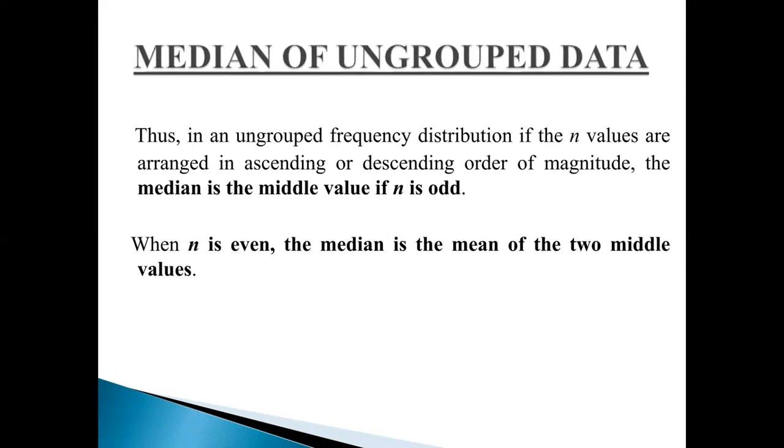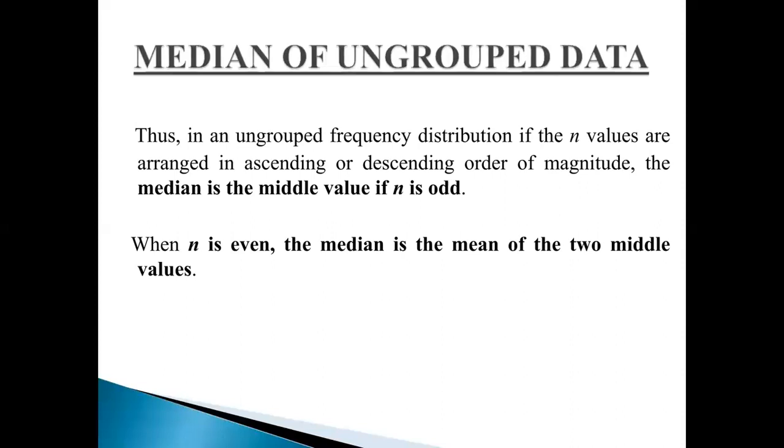Odd number in the sense that the count of the numbers in the series is odd, so the middlemost number will be the median. In case of even, the median is the mean of the two middle values, because there will be two numbers in the middle, so you have to take the average of the two numbers in order to find the median.